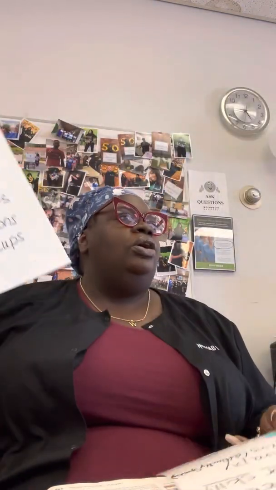Next page, assistive devices on page 494. So what are assistive devices? Absolutely. Write that down. Assistive devices are braces, walking devices, splints, trapeze bars. Walking devices, what kind of walking devices? Absolutely, a walker, a cane.